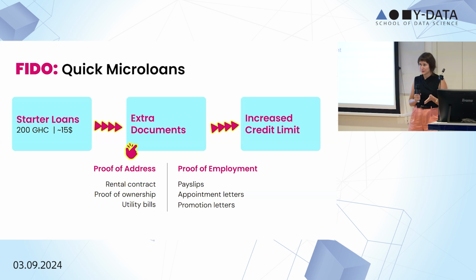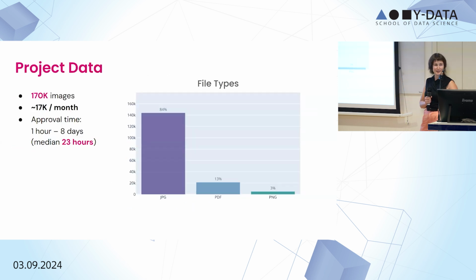And right now, these documents are labeled manually by employees of Fido. So this is an obvious bottleneck, and the company wants to automate it. But before talking about automation, let's take a look at the data that we have. We have the documents, but these are not really the documents.